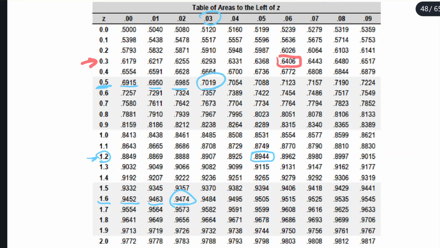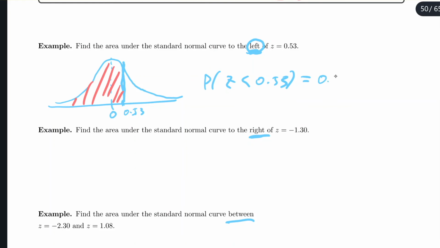So 0.7019. So this is this area. Again, which means the probability of selecting a number less than 0.53 is 0.7019, or the proportion of data less than 0.53 is 0.7019.